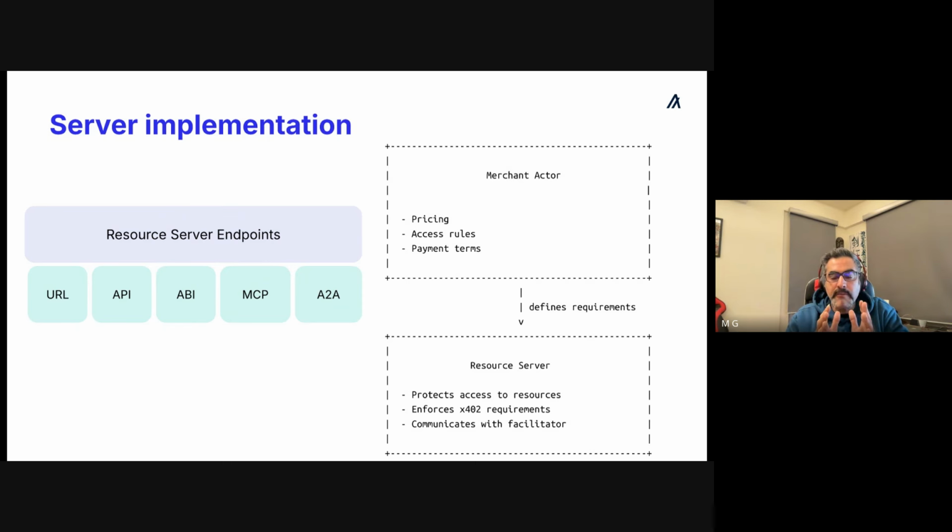And these are the configurations that the merchant actor or administrators put into the resource server, and the resource server, based on those configurations, responds to any request that comes for that protected resource and says, hey, if you want this resource, you need to provide this amount of this currency on this blockchain.